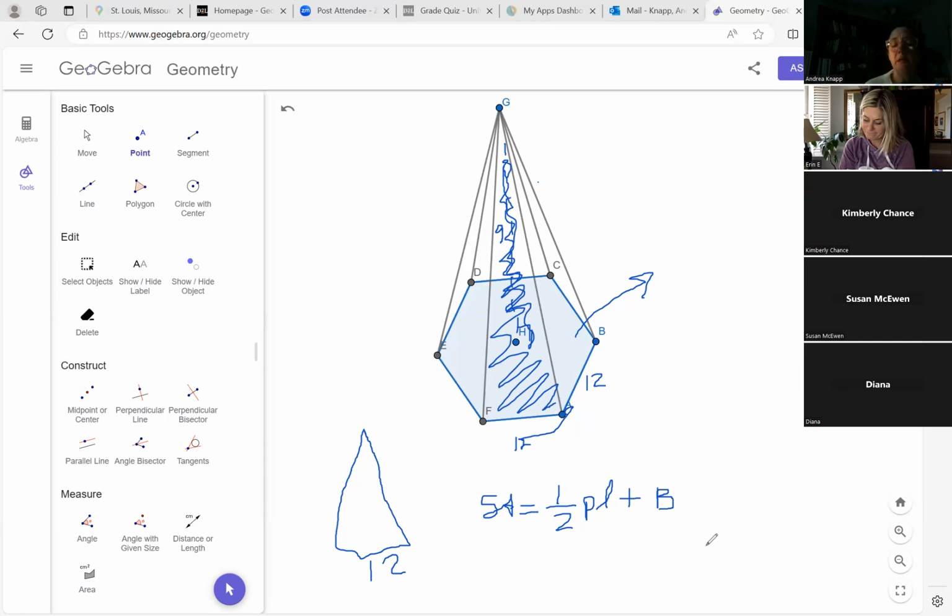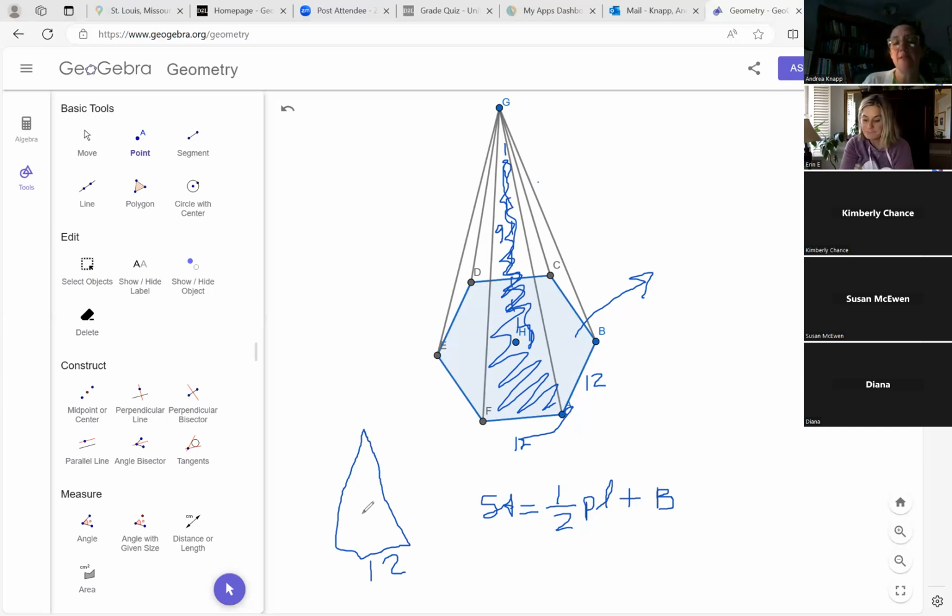The reason that we have a half times the perimeter times the slant height is that for each one of these triangles, we're using our regular triangle area formula. How do you find the area of any triangle? Half base times height.